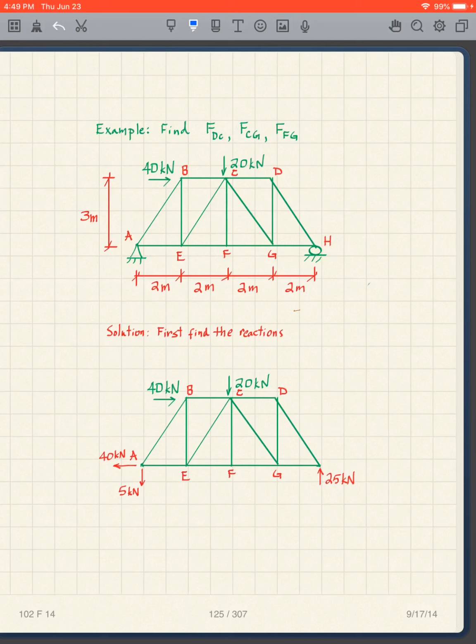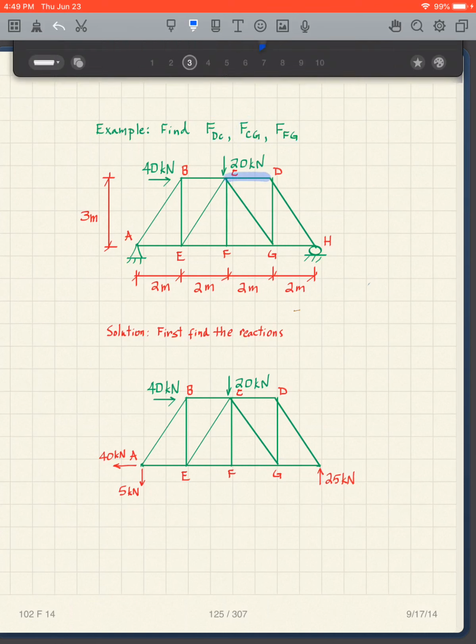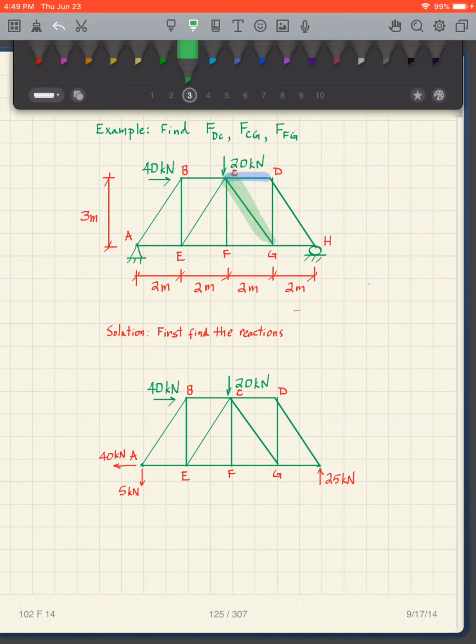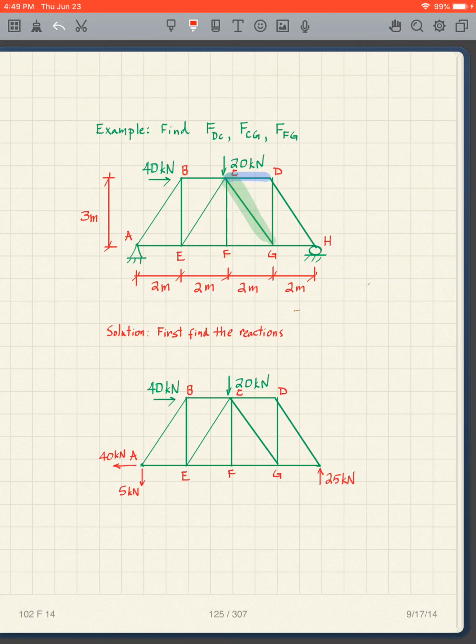So DC is here, CG is here, and FG is here. Notice they're all over in this region here, which helps us out.